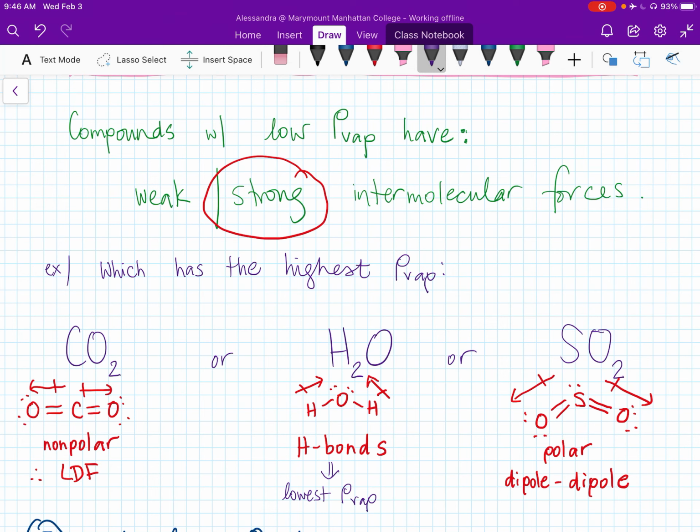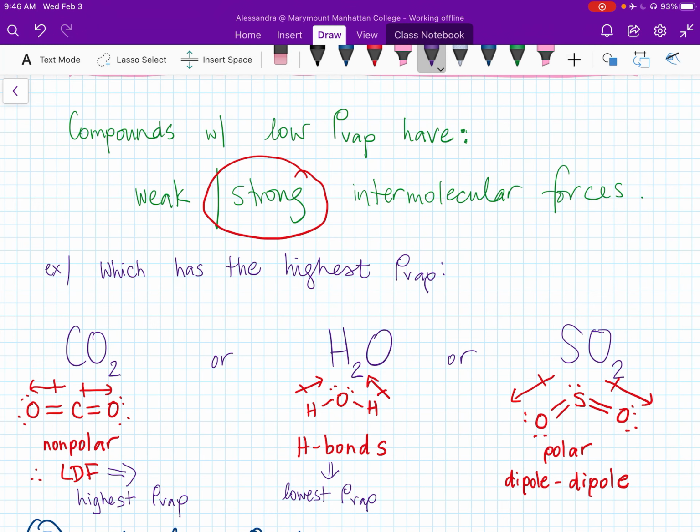Conversely, the compound with the weakest intermolecular forces, in this case the London dispersion forces, is going to correspond to the highest vapor pressure. So the answer in this case would be carbon dioxide. Because it is nonpolar and it has the weakest intermolecular forces, it is going to have the highest vapor pressure. Water, with its strong hydrogen bonds, would have the lowest vapor pressure.